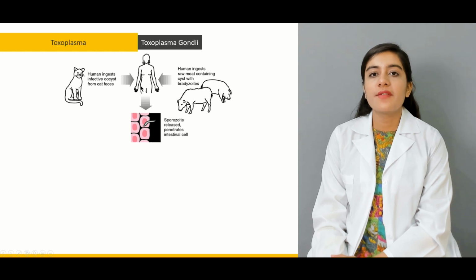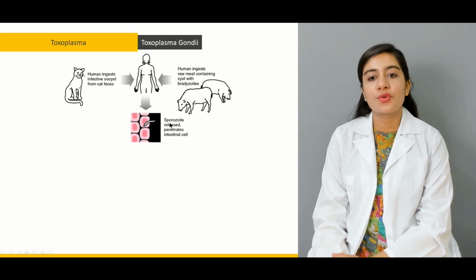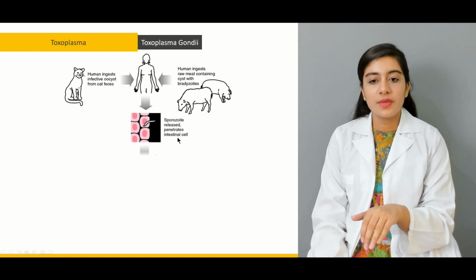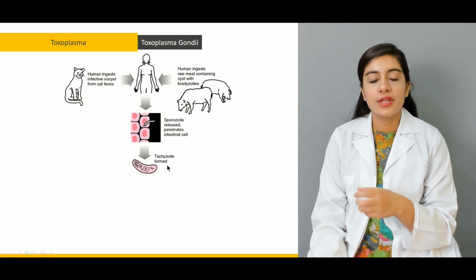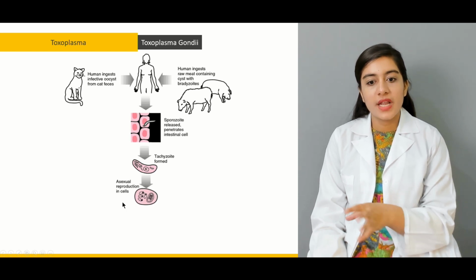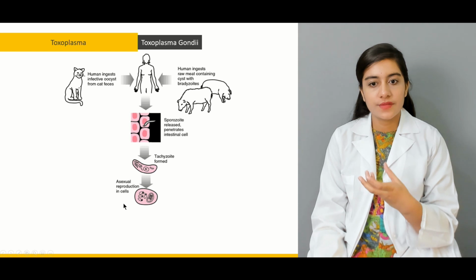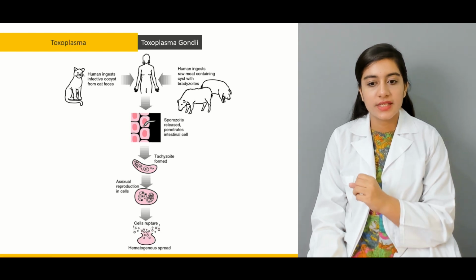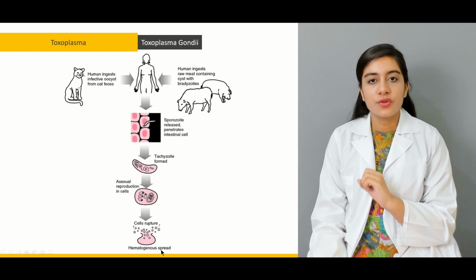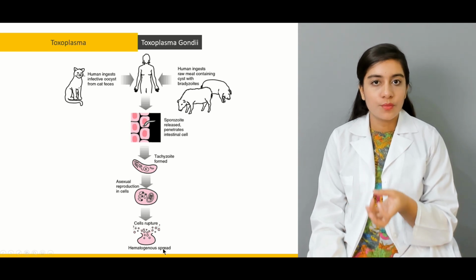Now, once they have entered into the person's body, these sporozoites are released and they penetrate the intestine wall. From the intestine, tachyzoites are formed because of the asexual reproductive cycle that is taking place in the small intestine, and then cells usually rupture, forming the hematogenous spread inside the body.